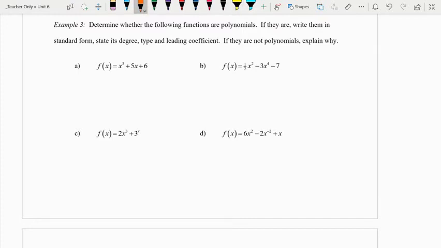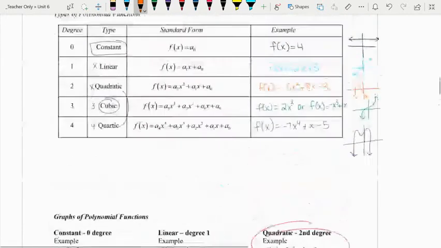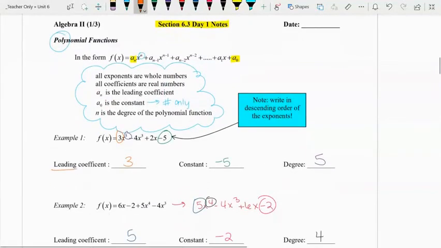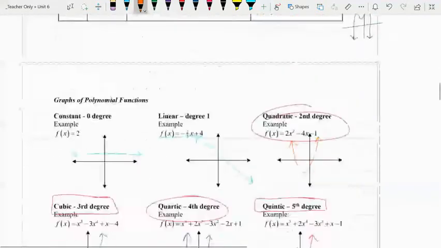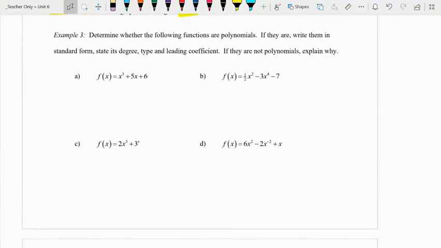So looking at letter A, this one is a polynomial, right? Because we can go through our process that we were talking about up here. All exponents are whole numbers, coefficients are real numbers, and there's no x in the denominator, right? No x in the denominator, no x as a power, so we're good. So we are going to write it in standard form.